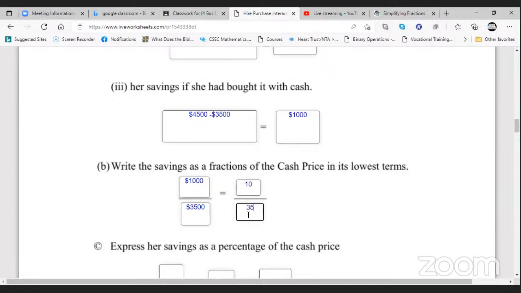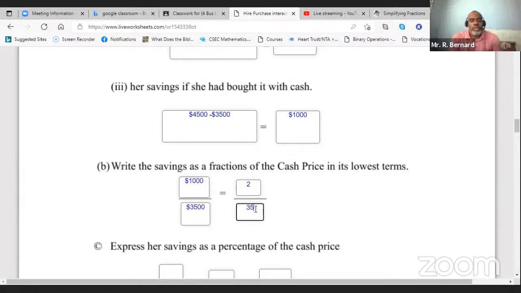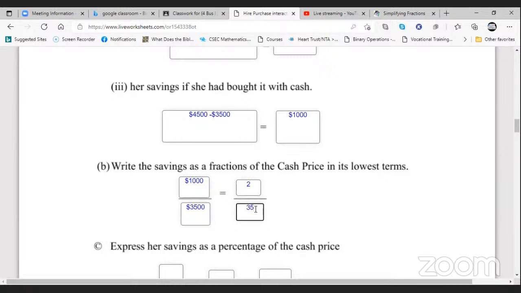2 for the top. And what for right there? Seven. 7.